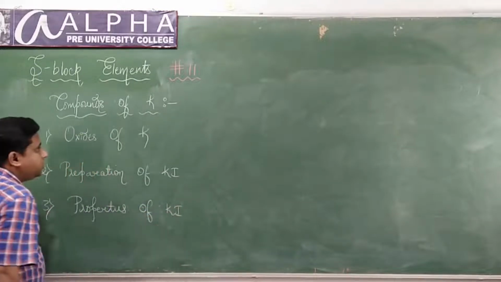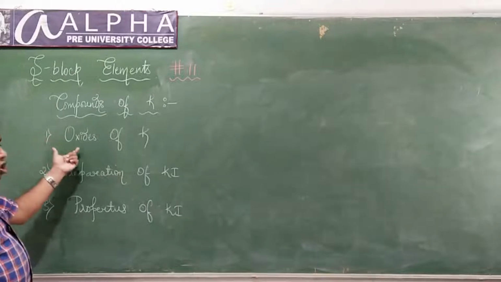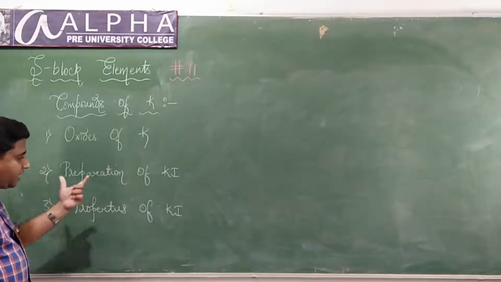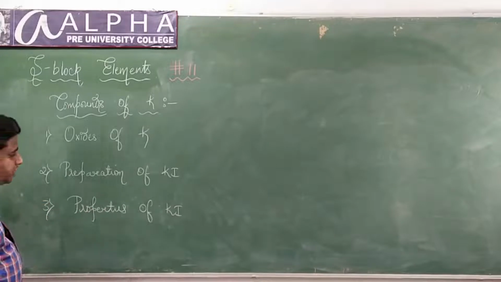So three things: oxides of potassium, preparation of potassium iodide, and the properties of potassium iodide.